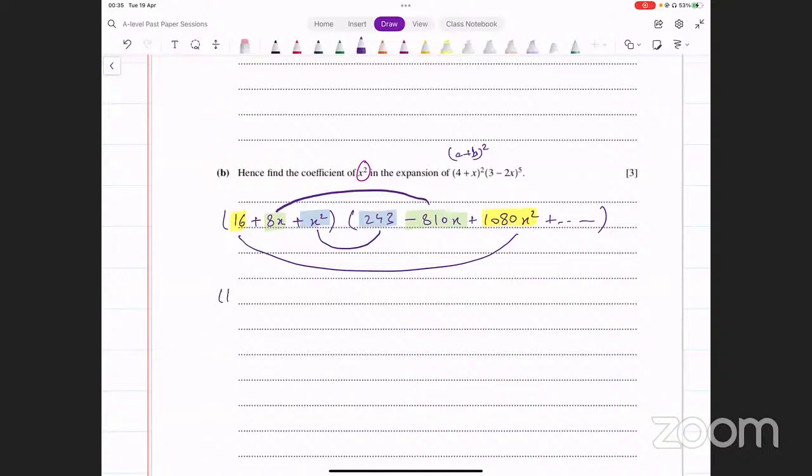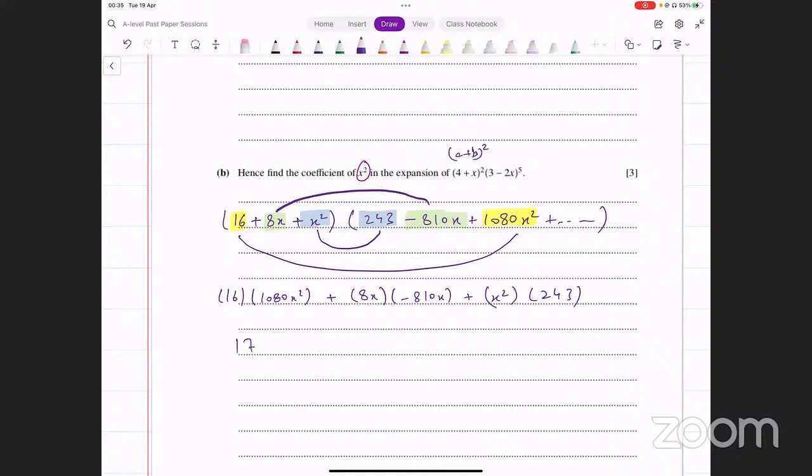So what do we have? We've got 16 into 1080x square, and we've got 8x into minus 810x, and we've got x square into 243. ये तीन evaluate कर लें. 1080 into 16, that is 17280.